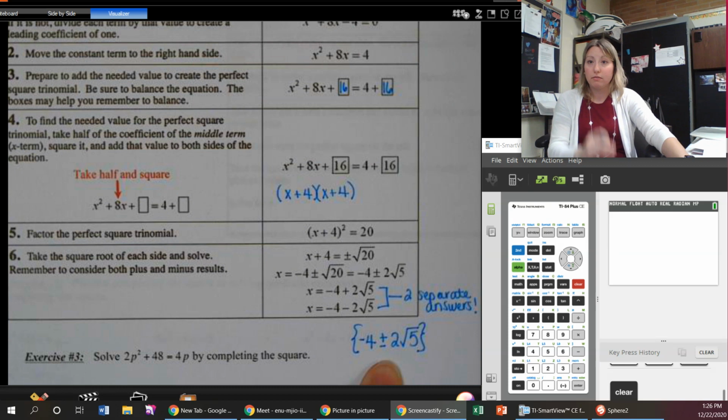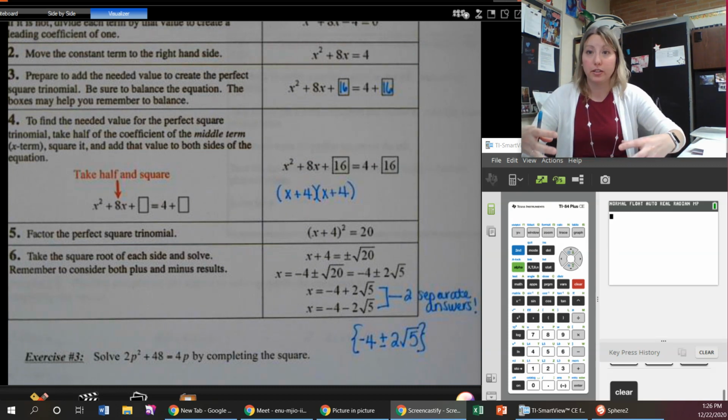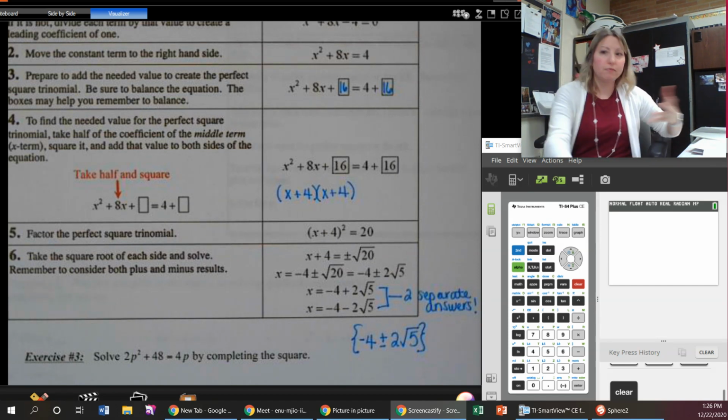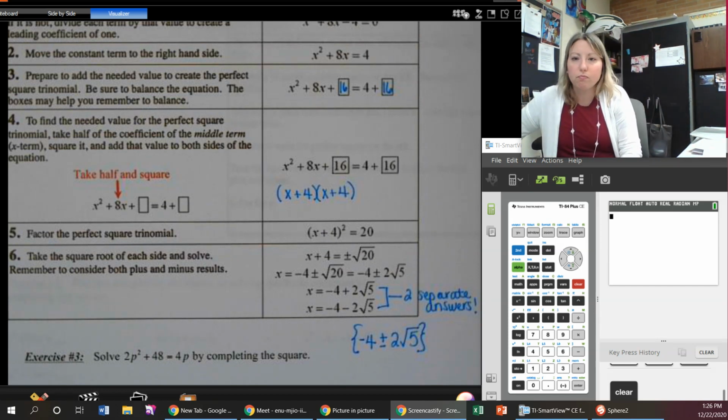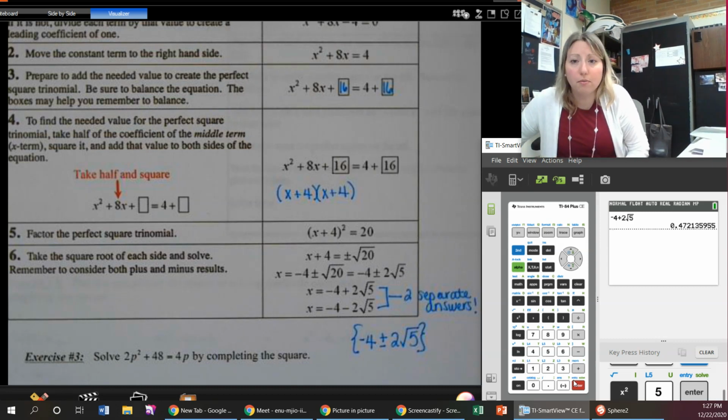I will write as one thing in my curly braces, but that's because I do know that those are two separate numbers. Let me just show you real quick. It's -4 plus 2 radical 5. That's one of the numbers, and obviously irrational.